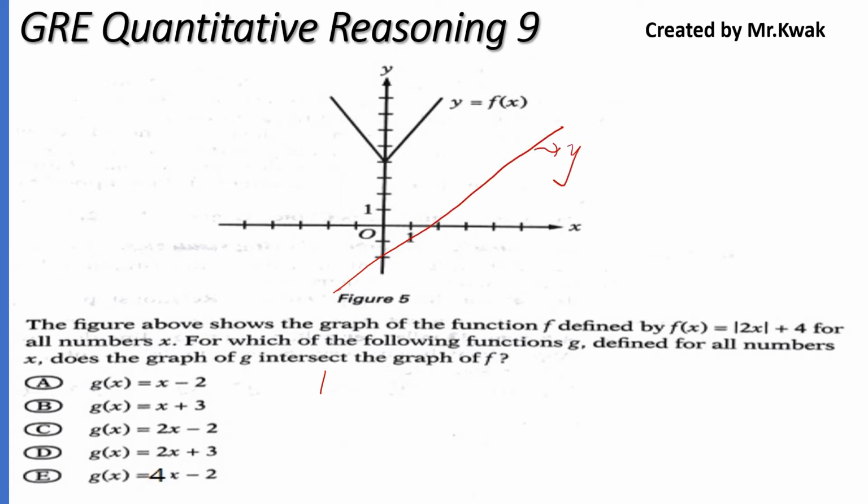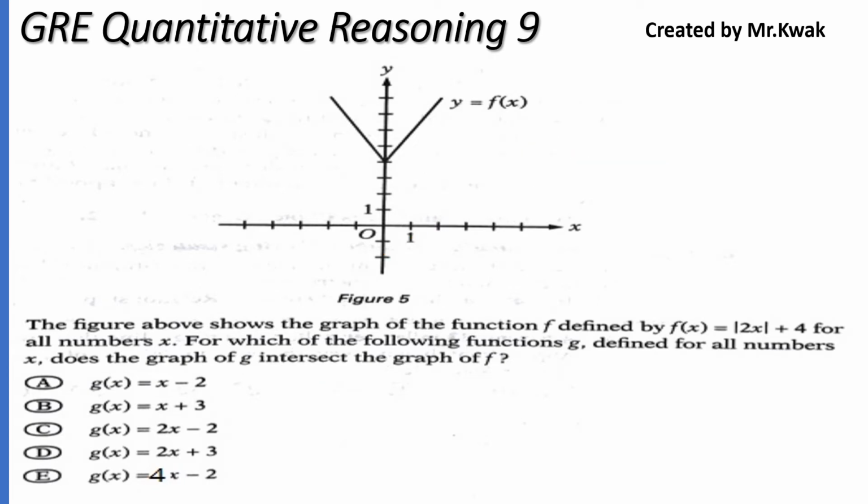This one could be y equals x minus 2. And as you can see, the slope of f(x) is 2 on this part, and the slope of g(x) is 1, so they can never intersect each other. So A is an incorrect choice.